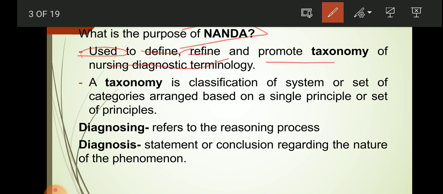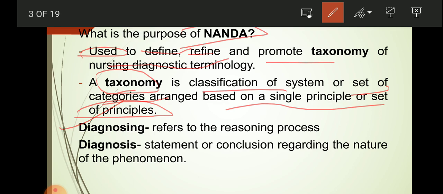We have to select based on what we have assessed, okay? A taxonomy is a classification system or set of categories arranged based on a single principle or set of principles.